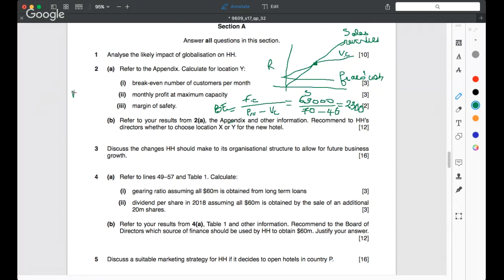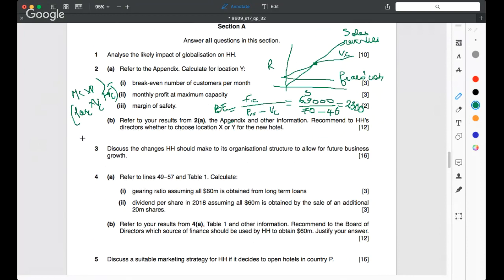It's maximum customers by the price, minus the maximum customers by variable cost plus fixed cost.